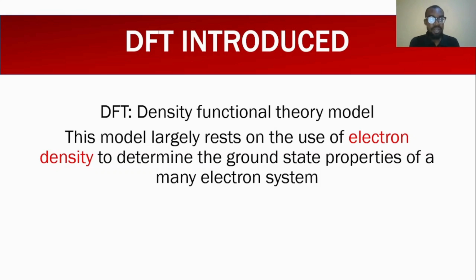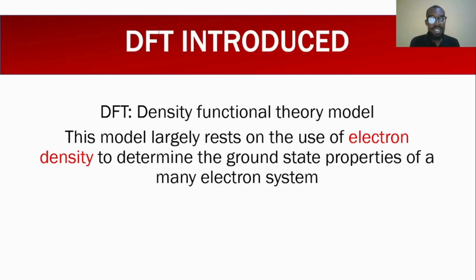This model actually uses electron density to determine the ground state properties of a many electron system. This is as opposed to other wave function systems that would try to track the electrons individually.